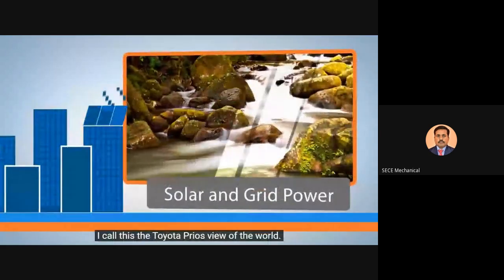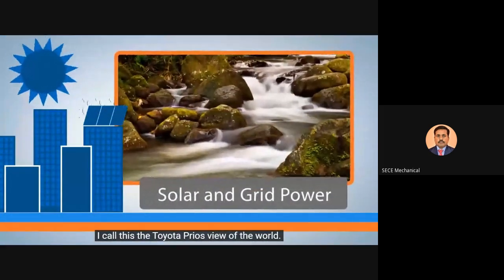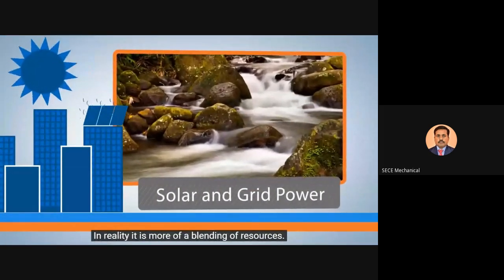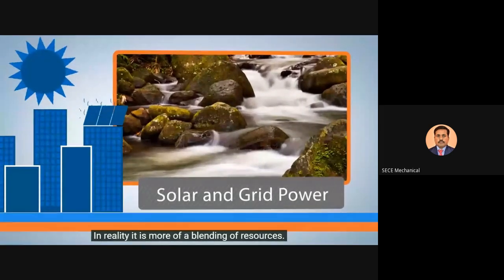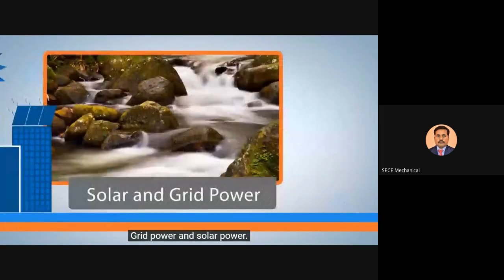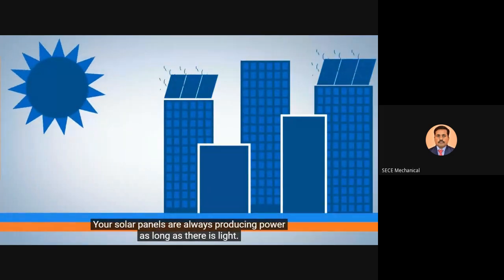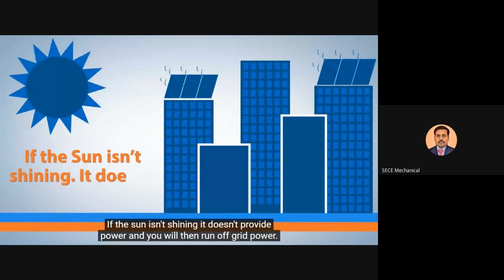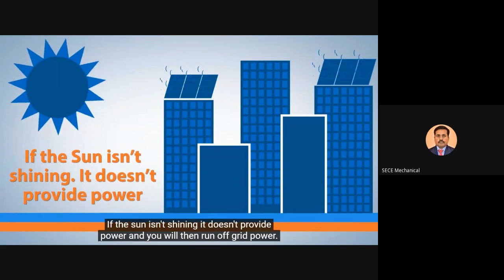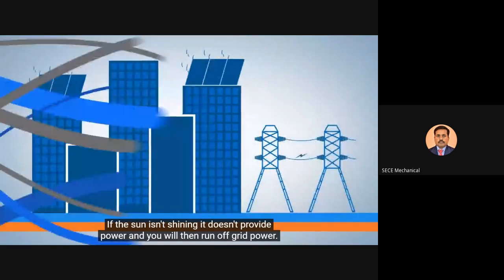I call this the Toyota Prius view of the world. In reality, it is more of a blending of sources, grid power and solar power. Your solar panels are always producing power as long as there is light. If the sun isn't shining, it doesn't provide power, and you will then run off grid power.